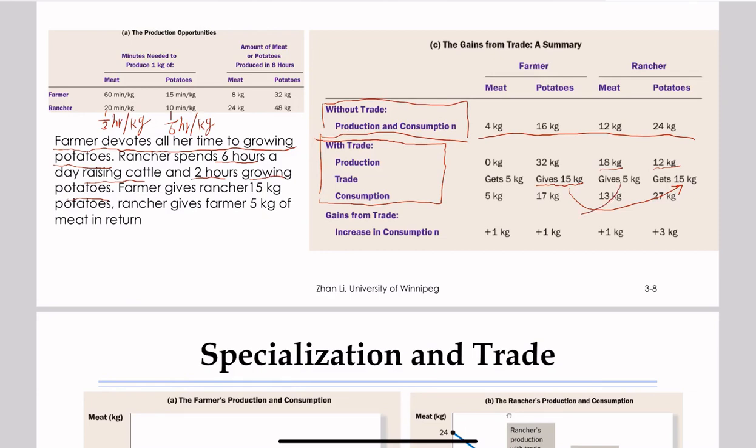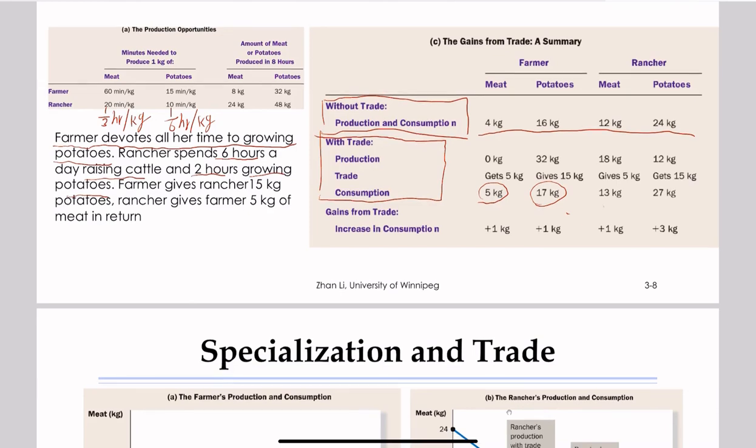So the 5 kilograms of meat will go out of the pocket of the rancher and into the pocket of the farmer, right? So in the end, we can see that by specialization and trade, the farmer will get 5 kgs of meat and 17 kilograms of potatoes, right? It's basically 32 minus 15. And the rancher will have 13 kilograms of meat and 27 kilograms of potatoes.